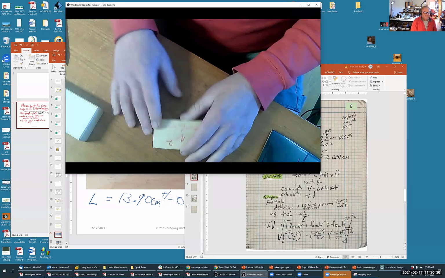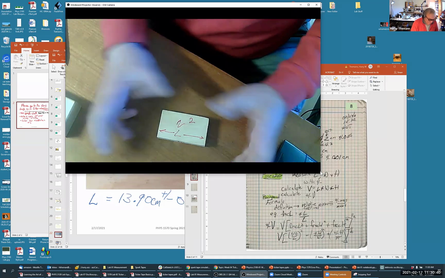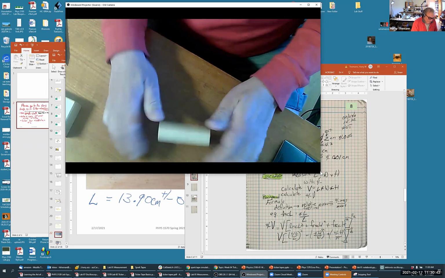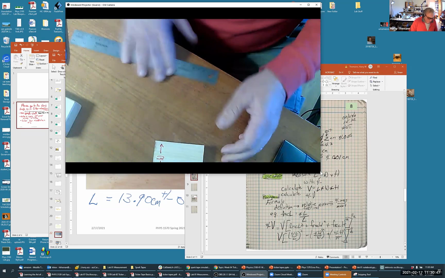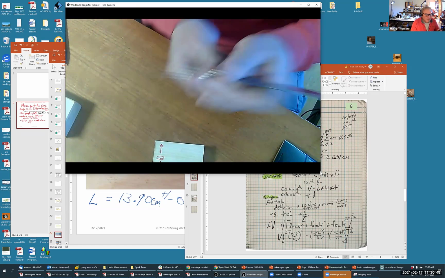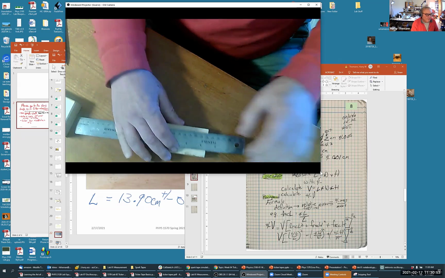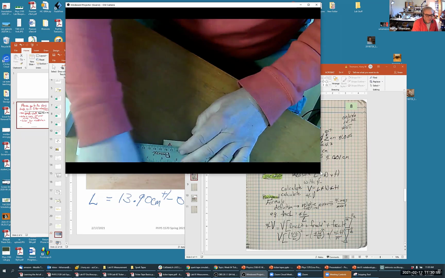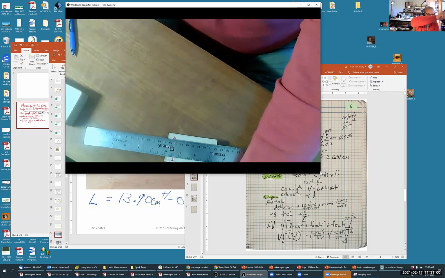So I'm going to use this wood block because it has nice even edges. And this is when I was hoping we would be talking about the density. So I got 3 different wood blocks, but since we're falling behind a bit, which is my fault, but what can you do?